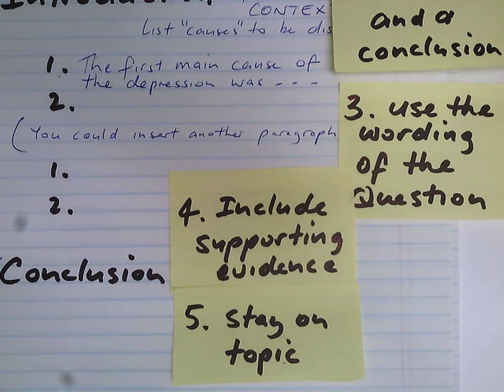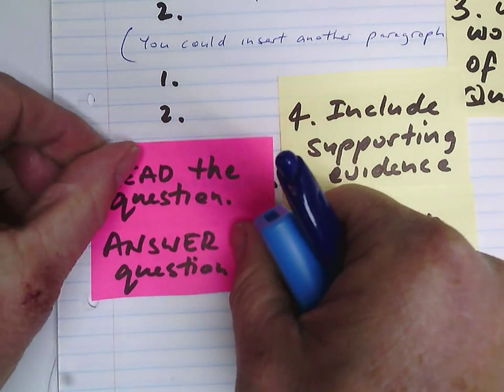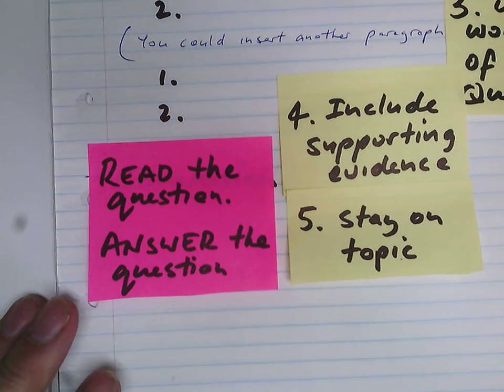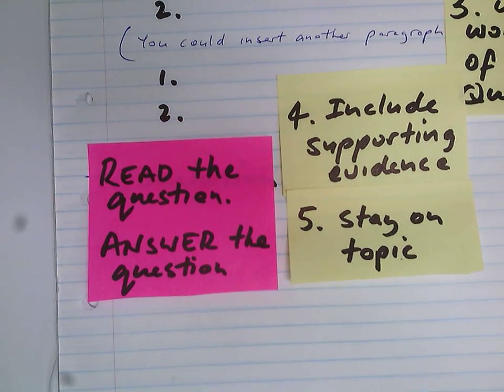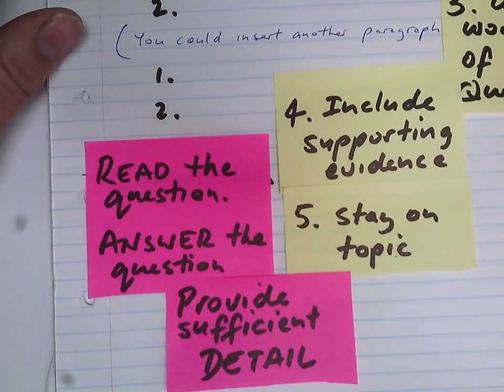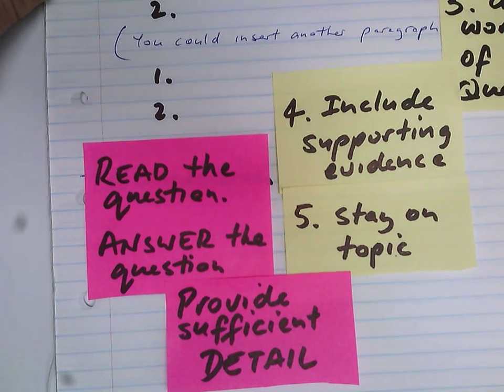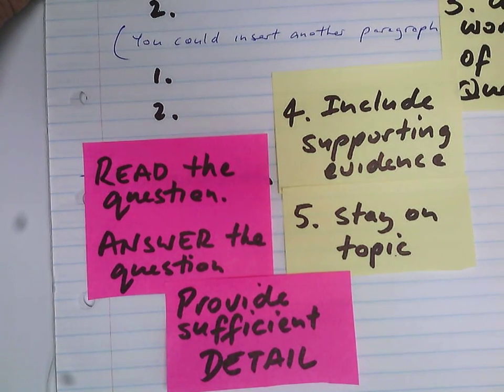All right, as a final little summary, we have read the question, answer the question. Provide always sufficient detail to enable you to produce a good answer. You can't afford to be vague.